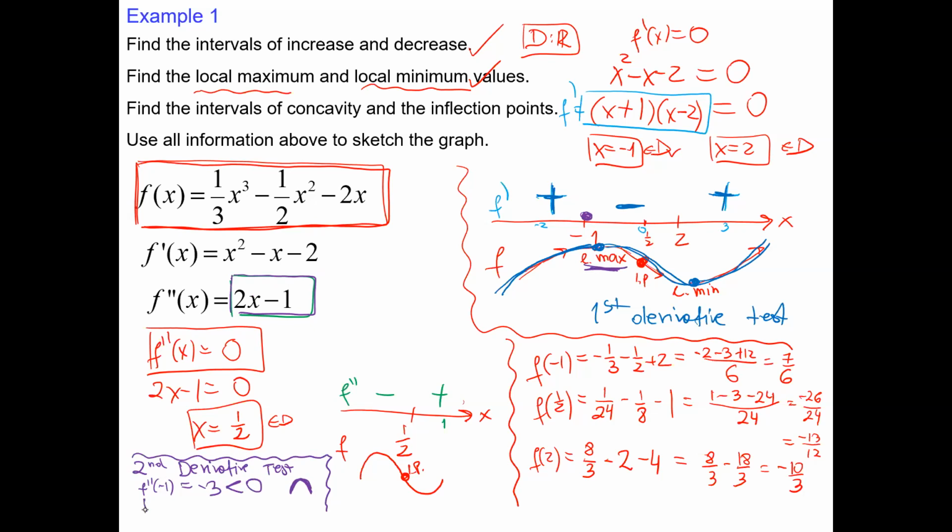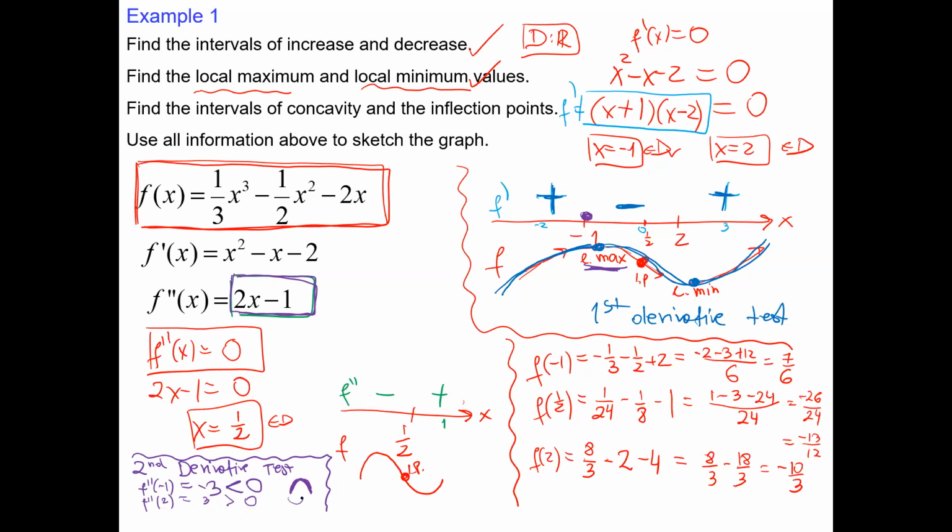And now when I test, I don't know if I have enough room, when I put 2 into the second derivative, 2 times 2 minus 1, I believe is 3. It's positive. And we don't really use these quantities like -3 and +3. No, we don't have to use these numbers, but this is just the test. That means this is positive.